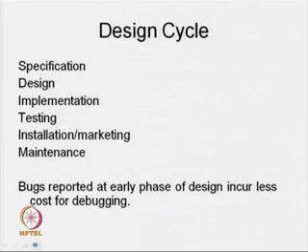Here we have one issue: whenever we design a circuit or a system, it may not be correct in the very first go. So, bugs reported at an early phase of design incur less cost for debugging. When we come to the testing phase, how do we test?